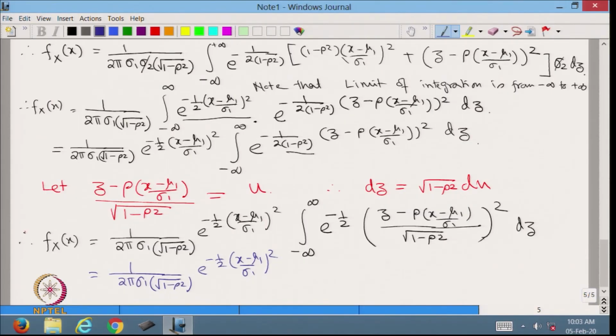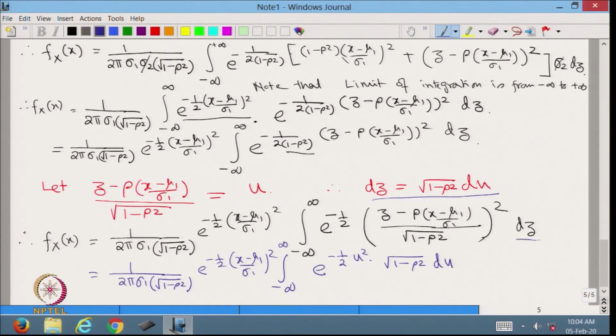Now, here we are making the substitution, and therefore, we are getting integration minus infinity to plus infinity e to the power minus half u square into root over 1 minus rho square du.